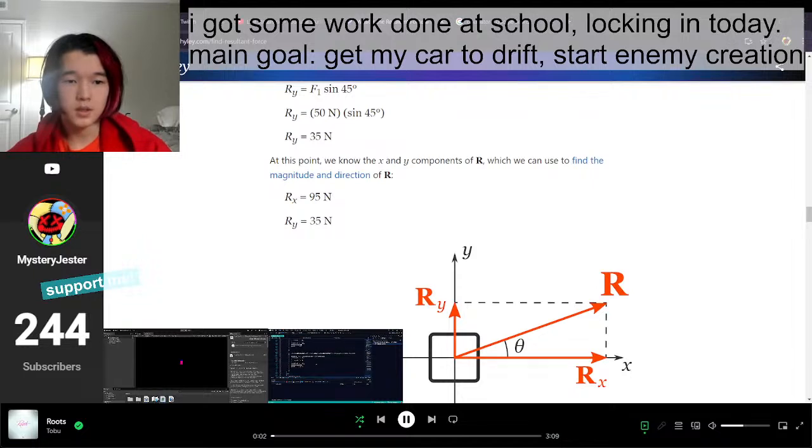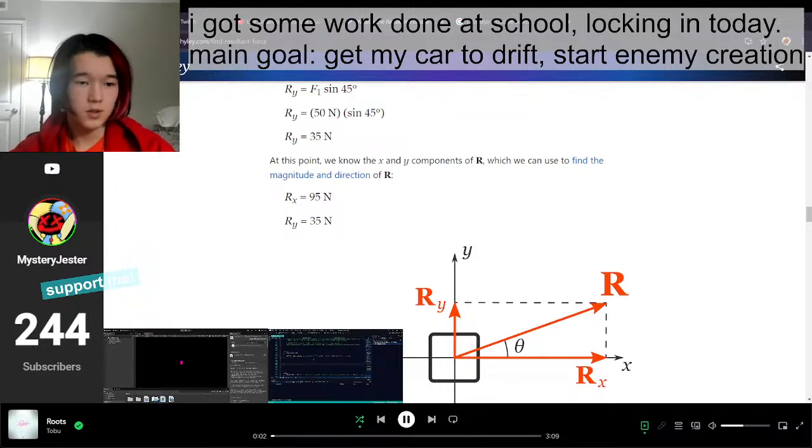Okay, I think I get how to do this now. We're gonna have to make a new function, though. So we're gonna have to scroll down to methods and functions, update gas, update rotation. Now we're gonna make another variable called, I'm just gonna say void. Calculate resultant magnitude.